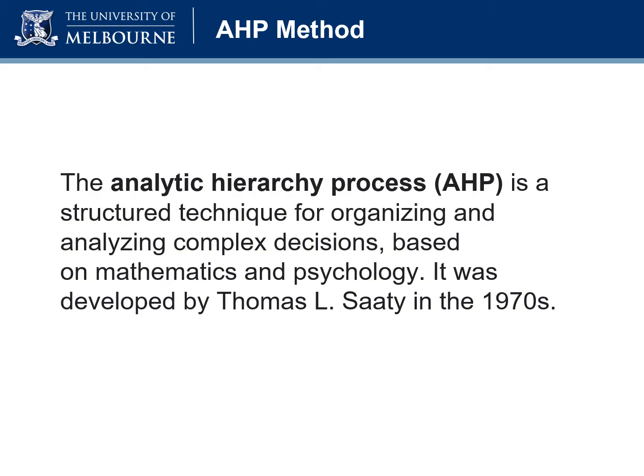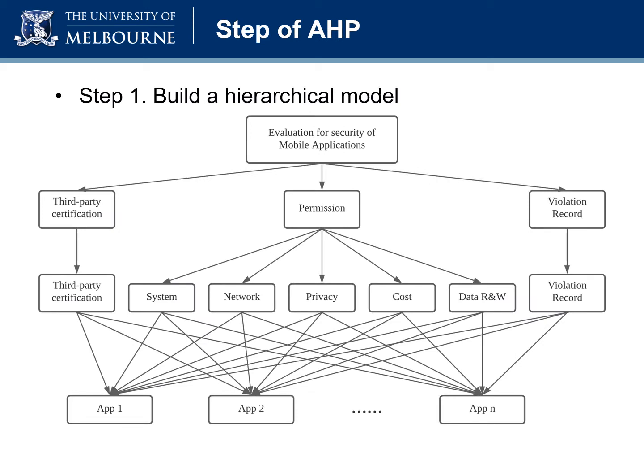AHP is one of the most widely used multi-criteria decision-making methods to solve complex multi-criteria problems. The most fundamental principle of AHP is separation, which means hierarchical configuration. There are 4 steps to use the AHP method. First, we build a hierarchical model which contains 3 parts.